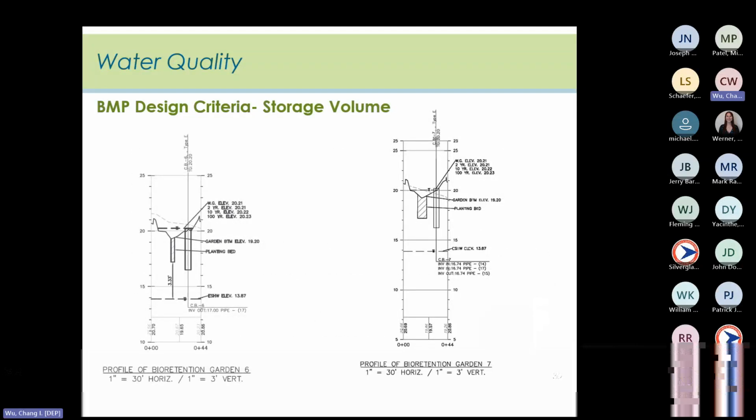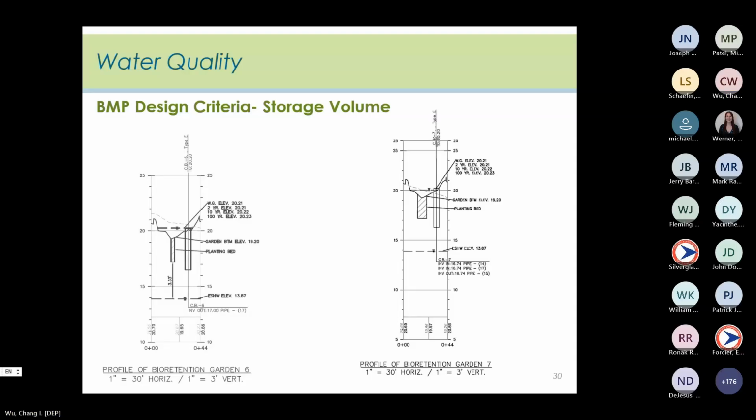So we have to check the details in the site plan. In this project, there are 2 BMPs, Biogarden number 6 and 7, that do not completely contain the runoff volume of the water quality design storm.